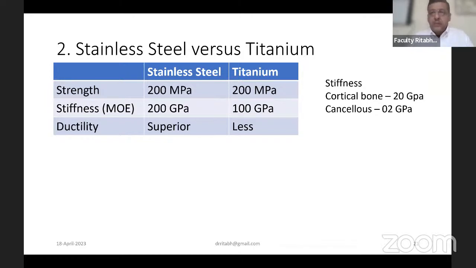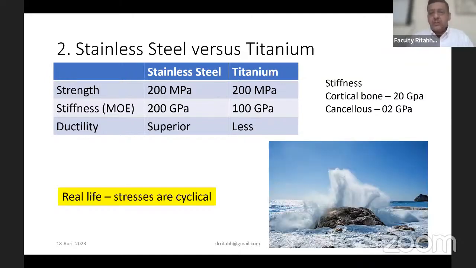The problem is these are all static values. In real life, most of the stresses are cyclical, like the rocks shaped along the seashore by the waves over years, thousands and billions of years.